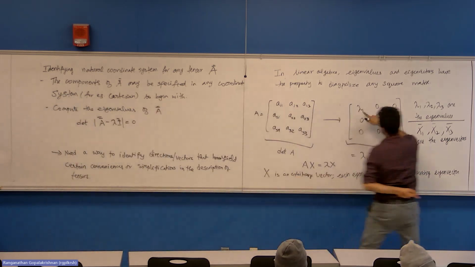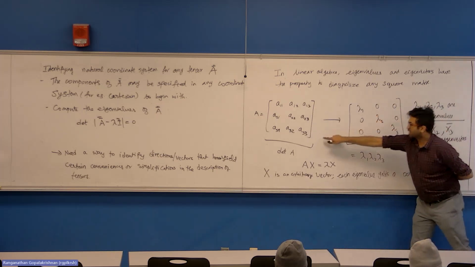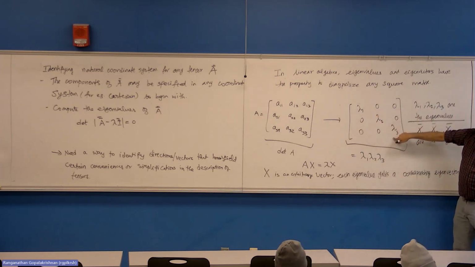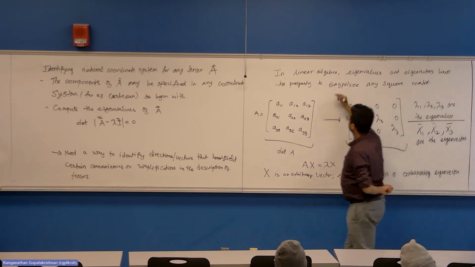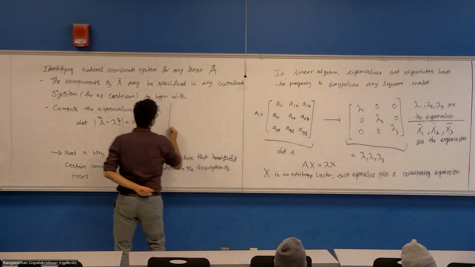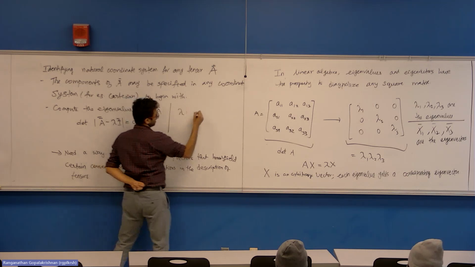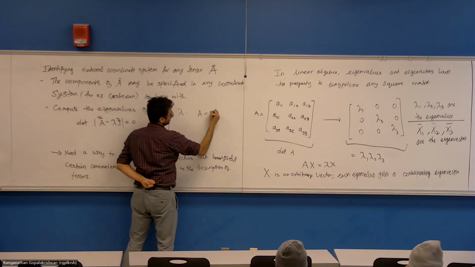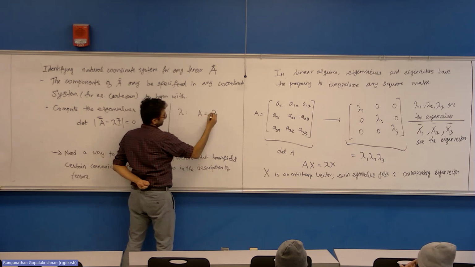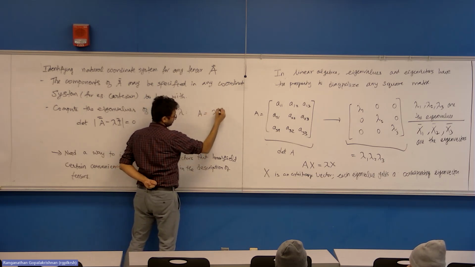I said any matrix can be reduced to a diagonal form, right? These values have a property that lambda is defined by the value such that A can be written as lambda times I.